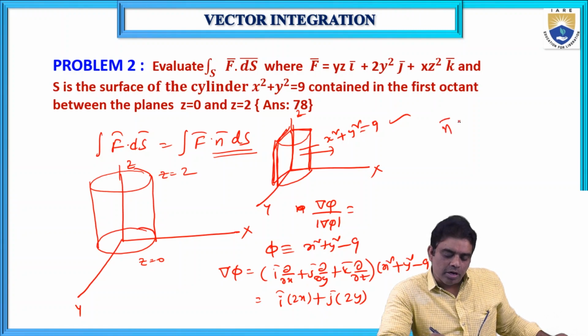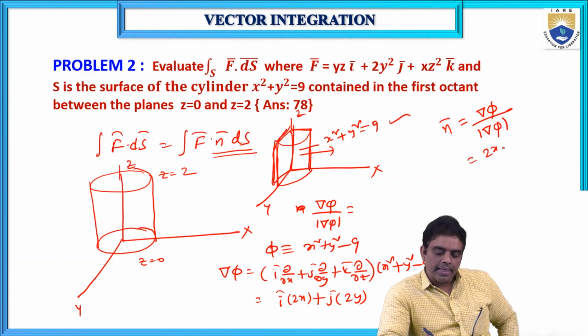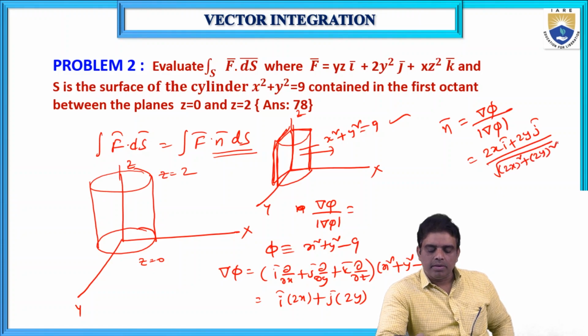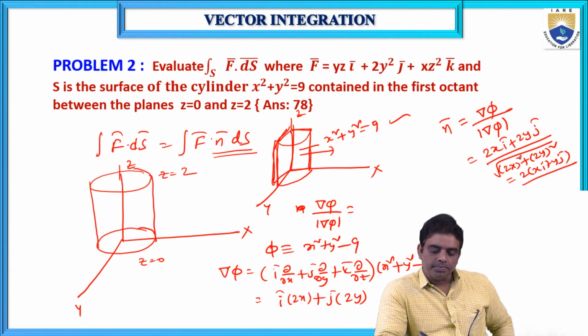Then the unit outward normal vector n bar is equal to grad phi by magnitude of grad phi. That is 2x i bar plus 2y j bar by square root of 2x whole square plus 2y whole square, because it is the magnitude of grad phi. Taking 2 square, that is 4, outside, it becomes 2, so the 2 will get cancelled.